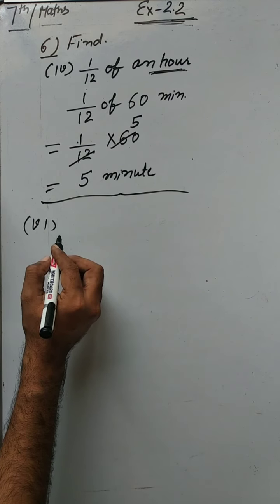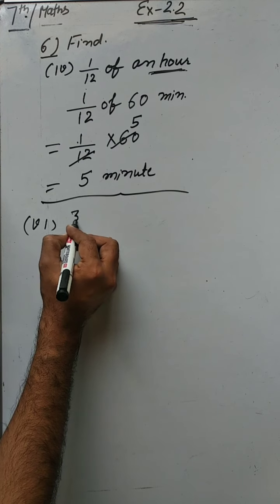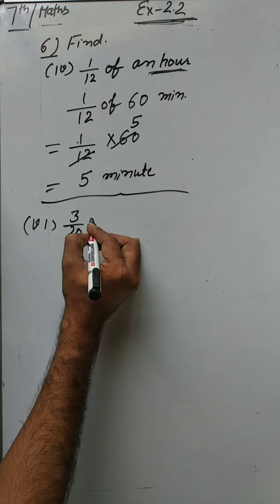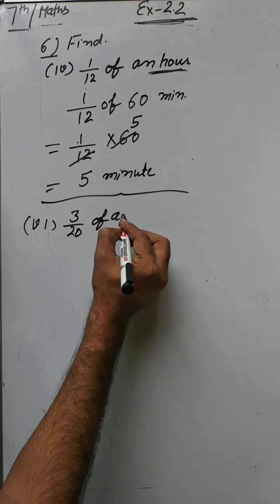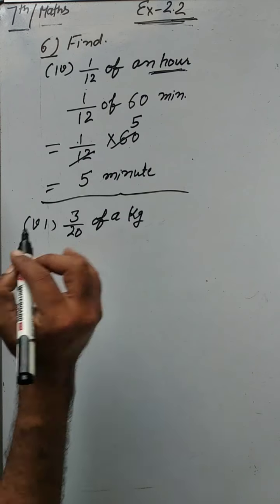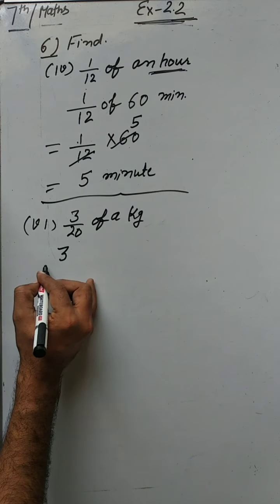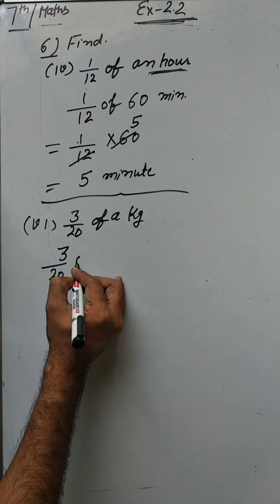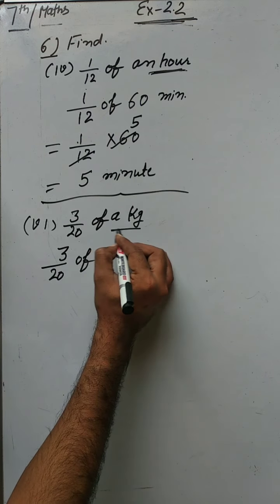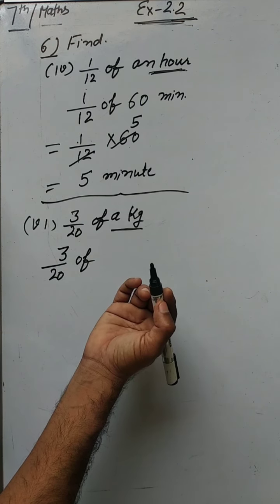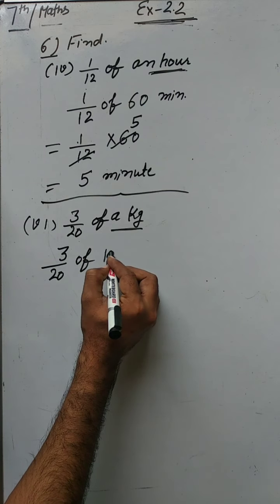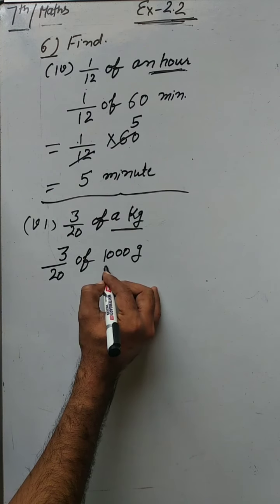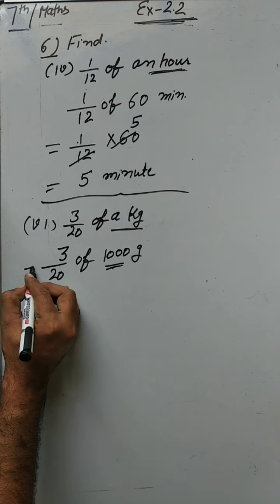Next is part 6. 3/20 of a kg. Kg means kilogram. So as in the previous question beta, first of all convert kg into gram. You know 1 kilogram has 1000 gram. So change 1 kilogram into gram first.